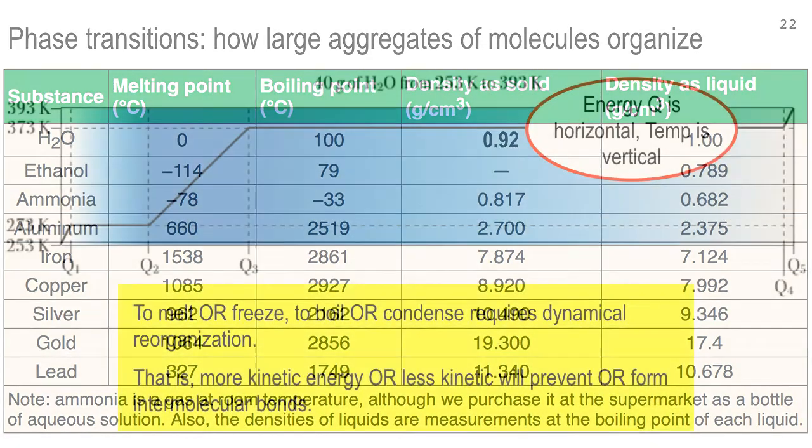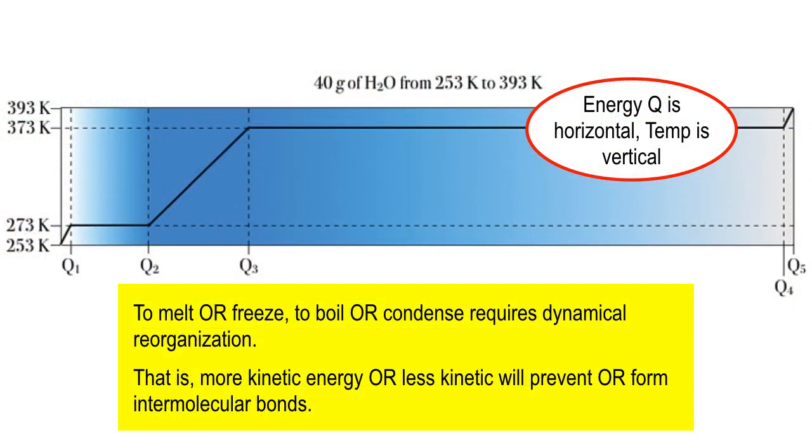Now, let's go to this diagram, and I'm going to give you some concepts, again, about this idea of intermolecular bonds, breaking them and forming them. You form them by putting in work, and you break them by breaking them apart.